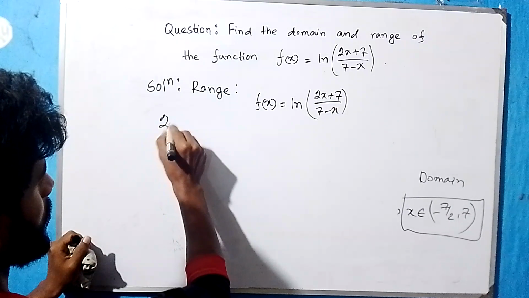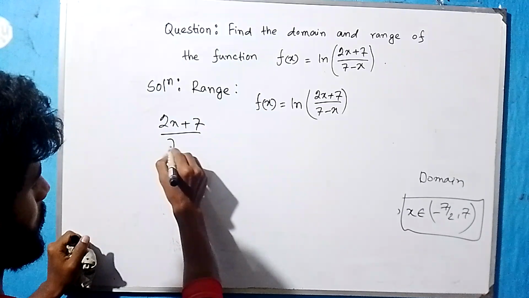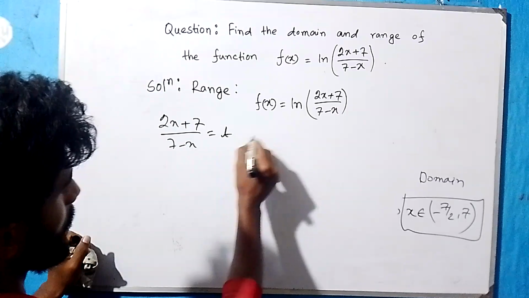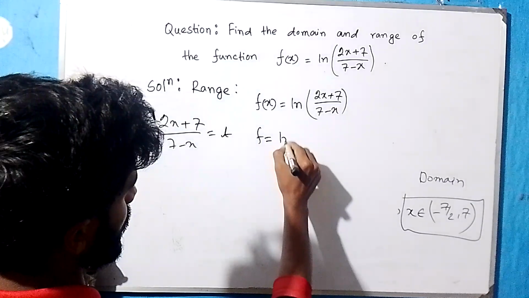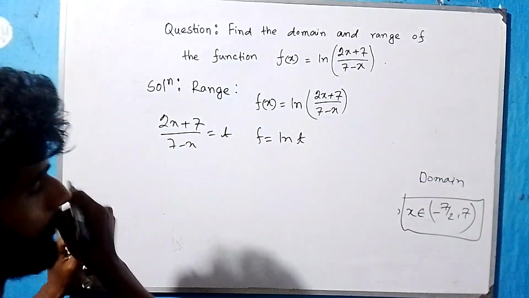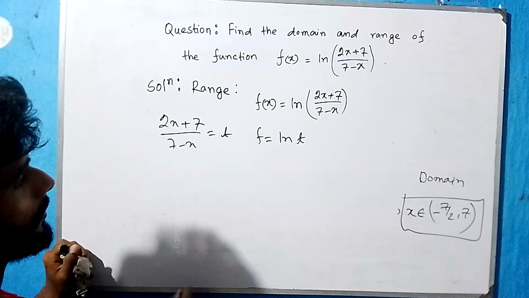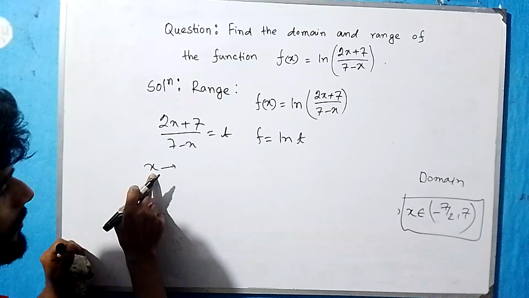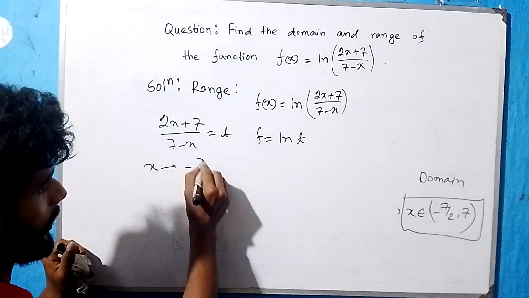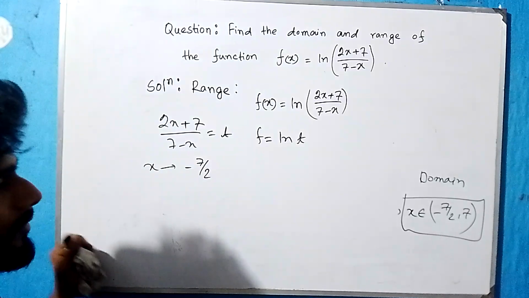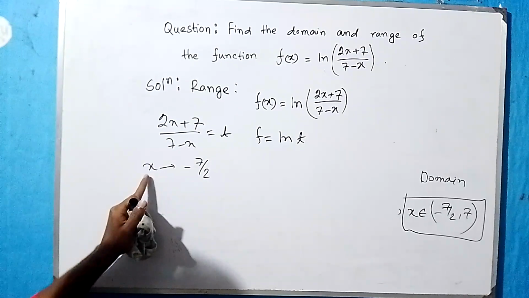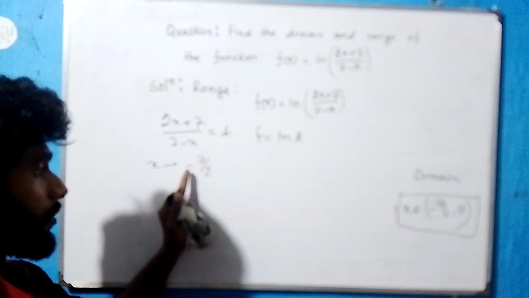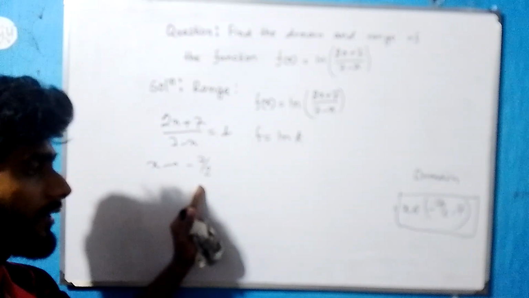Okay, twice x plus 7 by 7 minus x equals t, then f becomes ln of t. Now when x approaches negative 7 by 2, x is not equal to negative 7 by 2, right?